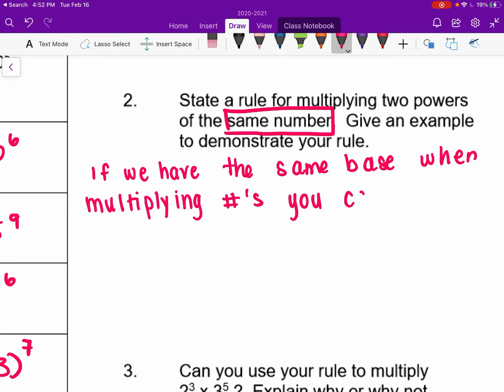You can add the exponents. Oh, sorry, the exponent.